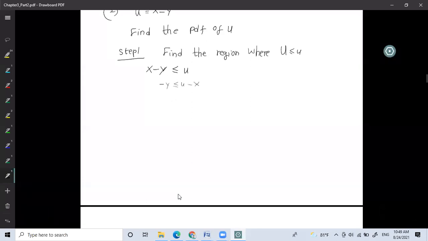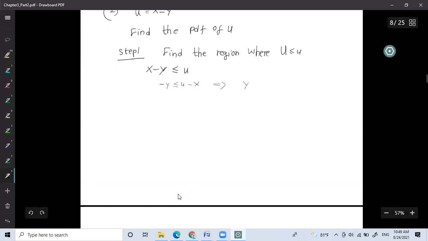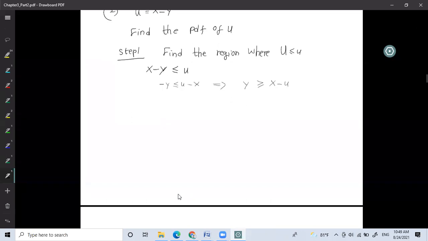But it's better to get rid of the negative sign. So what do we have? y is greater than or equal to x minus u. Take this y to the other side, take the x and u to the other side, so I'll end up with y greater than or equal to x minus u. Now can you draw the region on your x and y Cartesian plane?